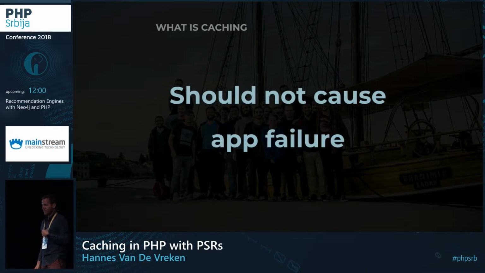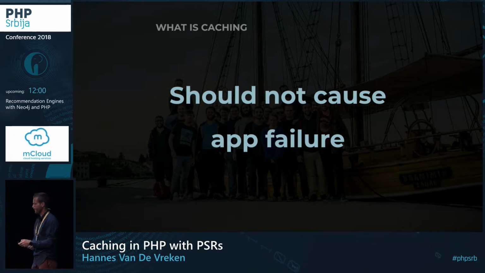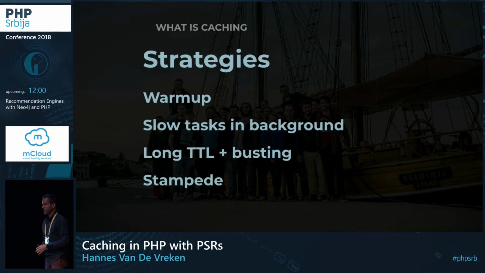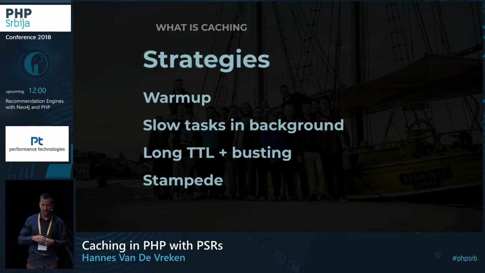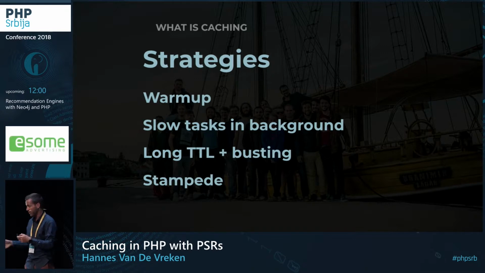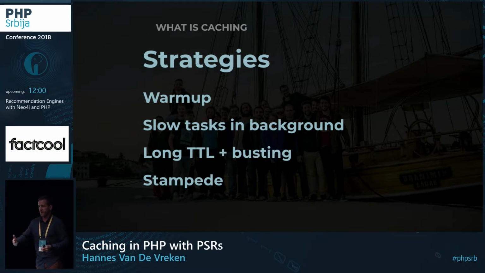Rule number 1 of caching: your app should not fail if your caching layer is failing. There are some strategies for caching, and every situation has its own needs. One strategy is warming up a cache before users start hitting your application.